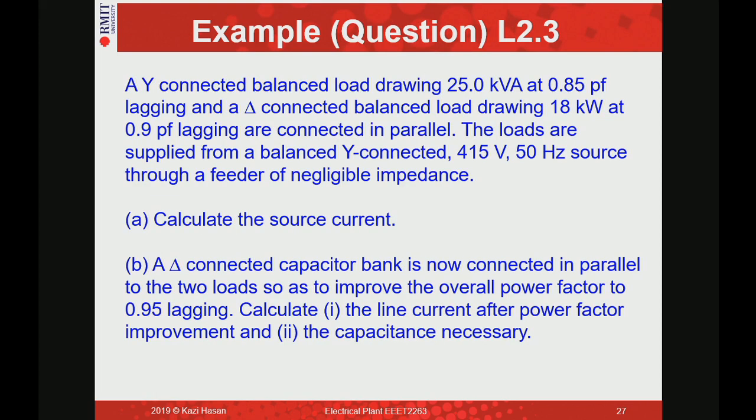Now the second problem is that a delta connected capacitor bank is connected in parallel, and the new power factor is 0.95. So after you include the capacitor bank for power factor correction, what is the line current now? We calculated the line current before. Now what will be the new line current and how much capacitance do we need to improve this power factor?